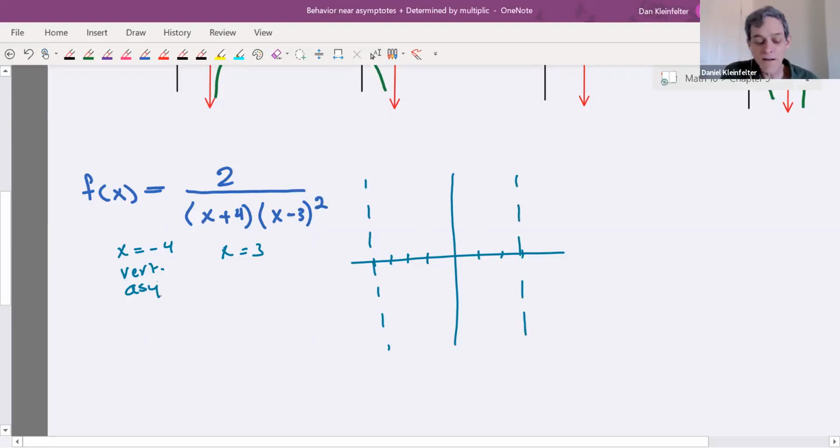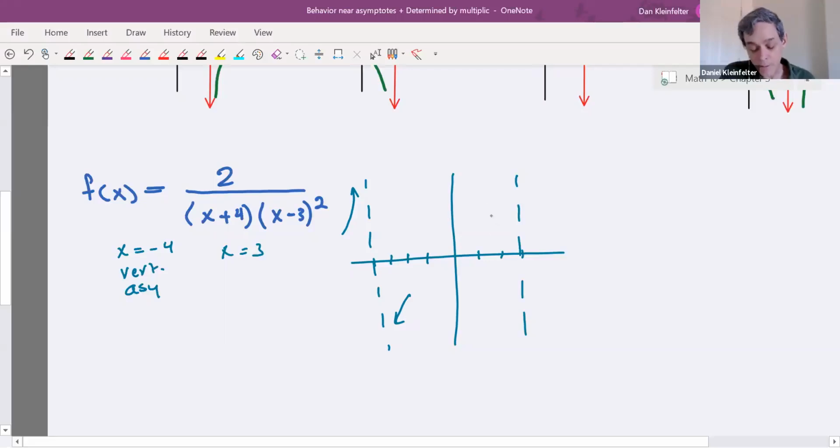The one at negative 4, I know that this has odd multiplicity, so it'll either be left side down, right side up, or maybe it will be left side up, right side down. We'll have to do a little more work to decide which one it is. We can do that here in a minute, actually.